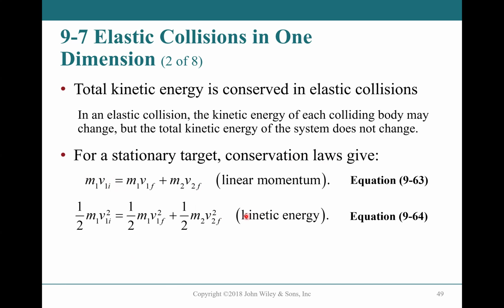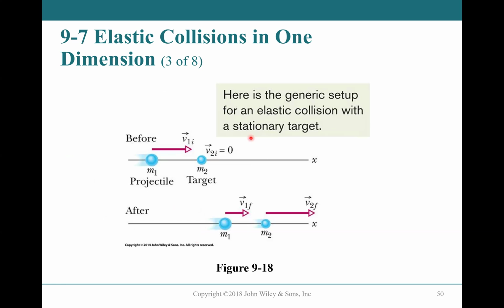And then we also have conservation of energy. Remember the energy equation? This is the kinetic energy before, and these are the kinetic energy after. This is the generic setup for an elastic collision with a stationary target. This one hits this one, and these two have the final velocities.